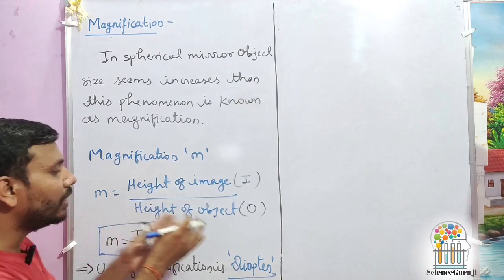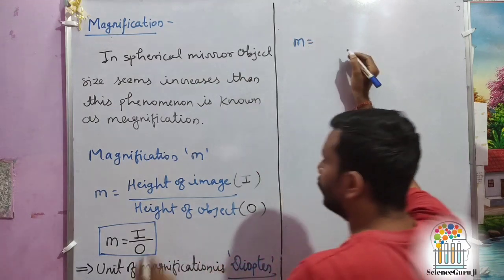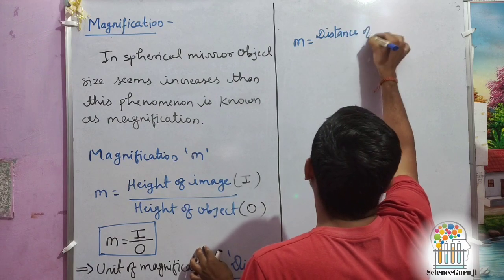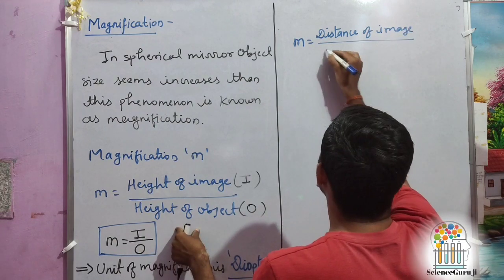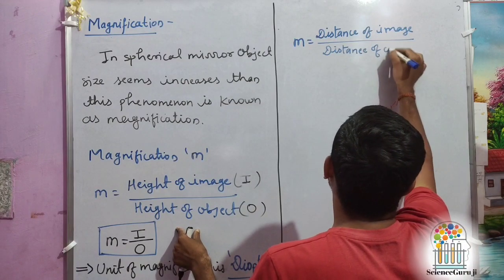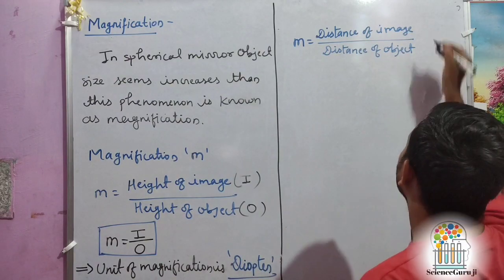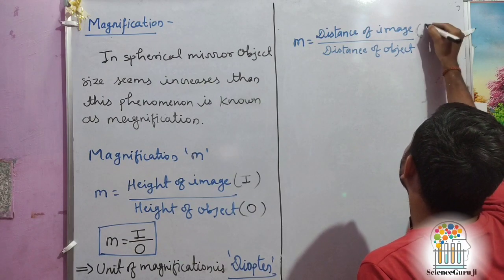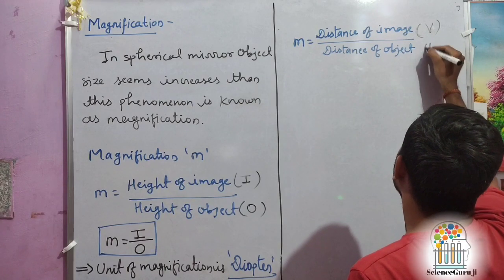Height of image upon height of object we can also write as m is equal to distance of image upon distance of object, and the distance of image is denoted by small v, and the distance of object is denoted by small u.